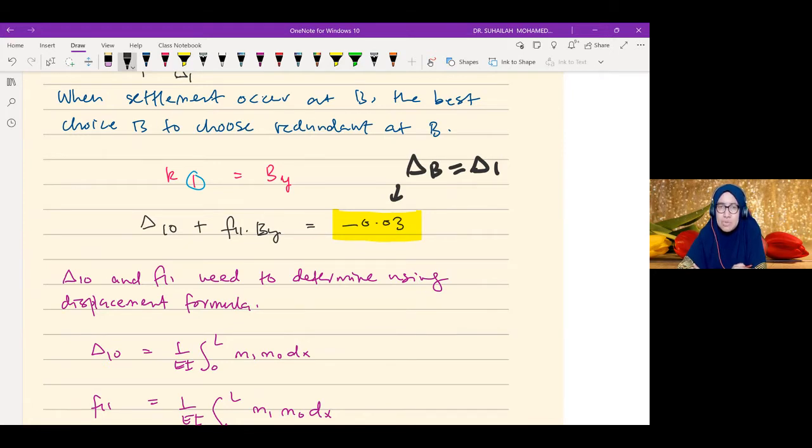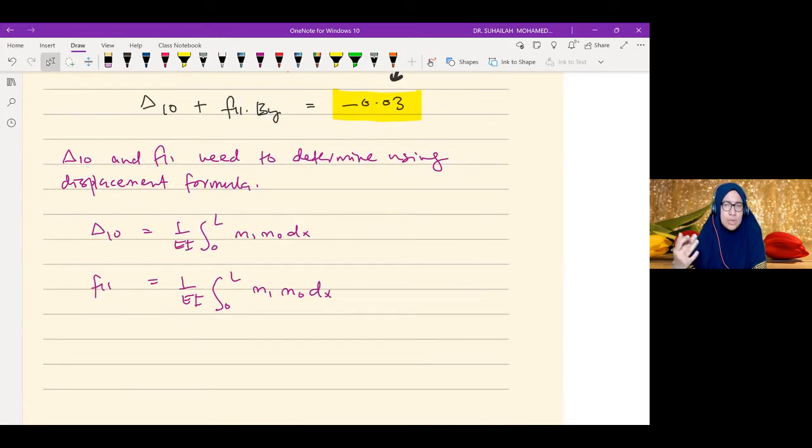That means we just need to change the delta B value. Before this it equals 0 whenever there is no settlement effect, and when settlement is given in the question, we need to consider that, and we just need to change delta 1 from 0 to negative 0.03. So as usual, we go step by step. We have to calculate delta 1 naught and F11, F11 using this formula.